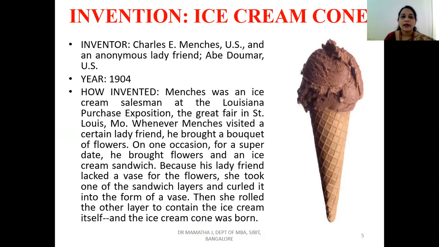How did this idea of preparing the ice cream cone come about? We are going to discuss that in the beginning of the class, just to make you aware that all these are outcomes of research. This is a very simple example, and when we take it up in the class, I'm going to brief you about this.